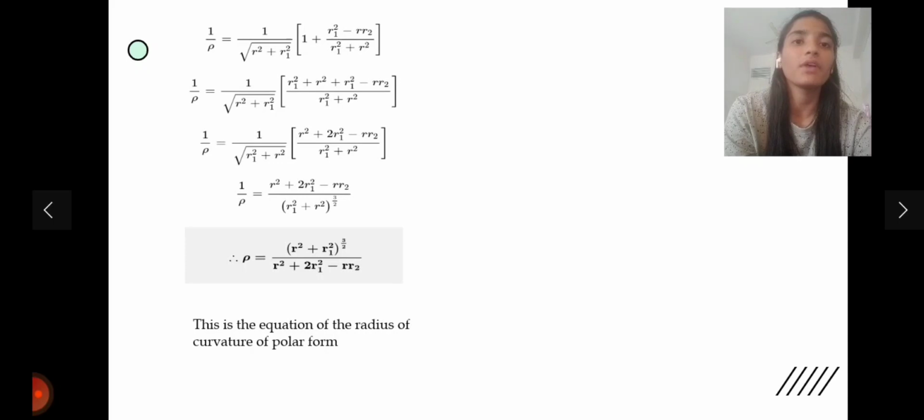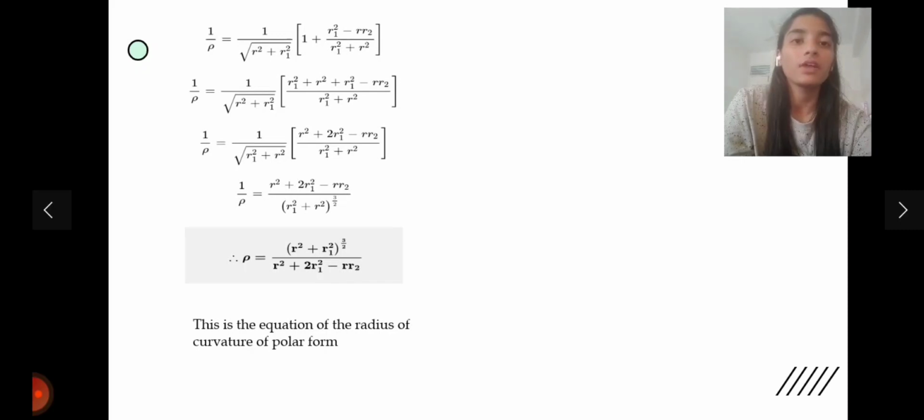So 1 by rho is equal to 1 by root of r square plus r1 square into (1 plus (r1 square minus r r2) by (r1 square plus r square)). Simplifying, 1 by rho is equal to 1 by root of (r square plus r1 square) into (r square plus 2 r1 square minus r r2) divided by (r square plus r1 square).